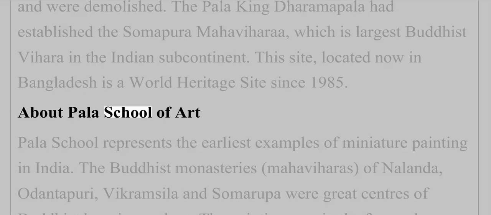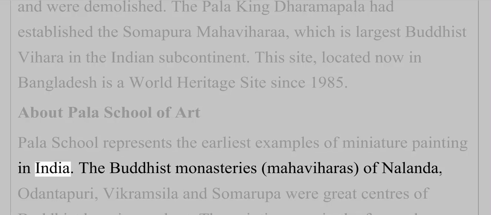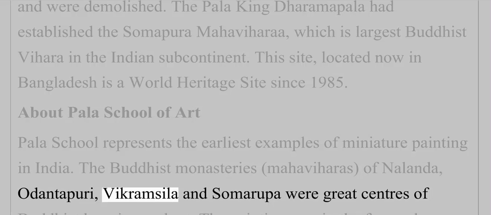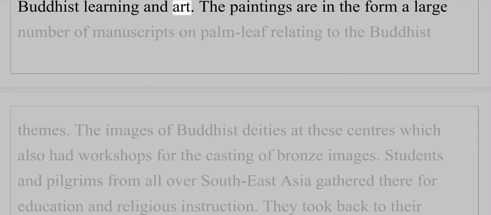About Pala School of Art. Pala School represents the earliest examples of miniature painting in India. The Buddhist monasteries, Mahaviharas of Nalanda, Udantapuri, Vikramshila, and Somapura were great centers of Buddhist learning and art.